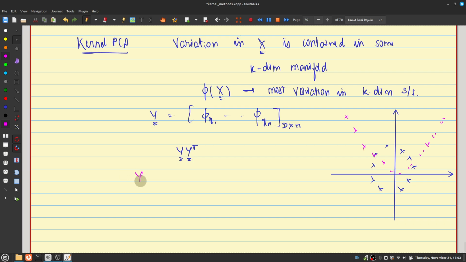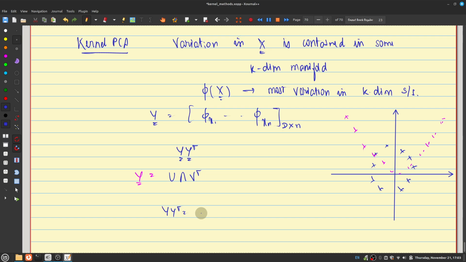So let's assume that the data matrix in the feature space has the following singular value decomposition. I can write Y as U lambda V transpose. So what is Y Y transpose?